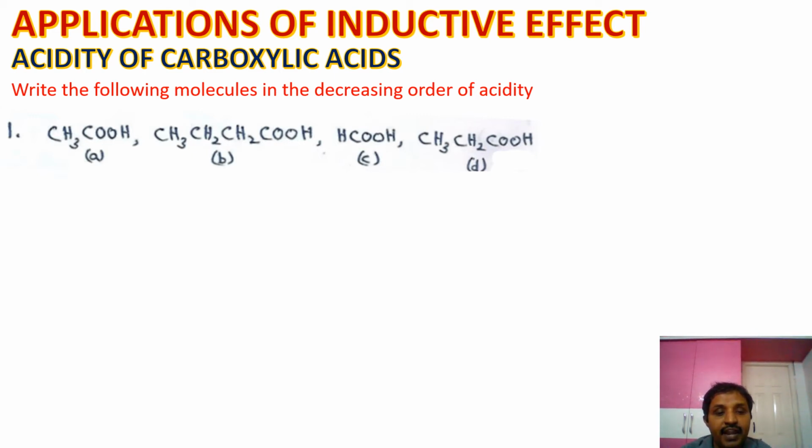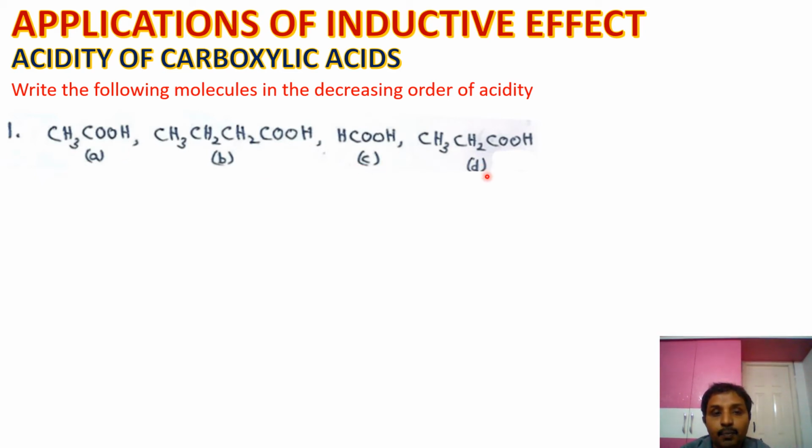We have to write these molecules in the decreasing order of acidity. Formic acid does not have any alkyl group. As the alkyl group, that is the CH3 group, is increased, the acidic nature is less compared to formic acid. So C is greater than A.